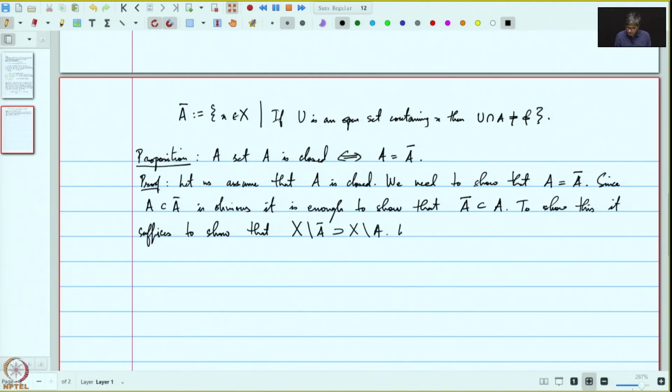Okay. So let x belong to X minus A. Right. So as A is closed, it follows from the definition that X minus A is open. Yeah, so let us denote this open subset by U.